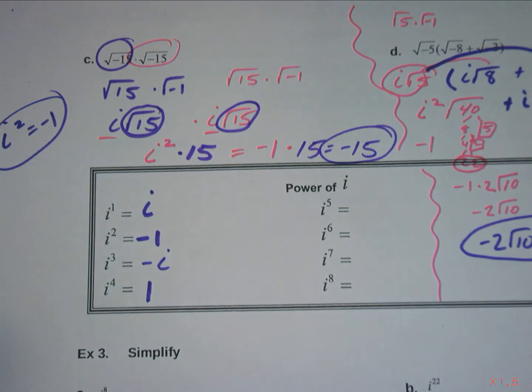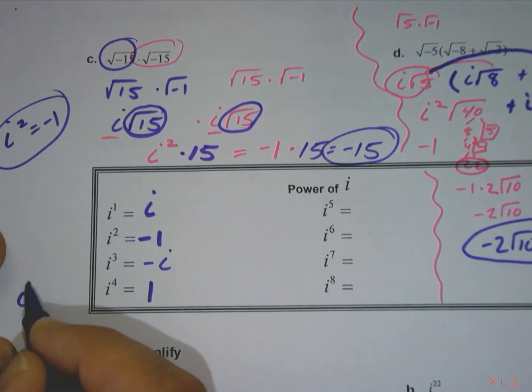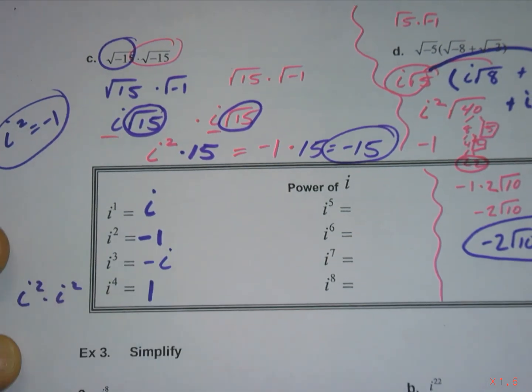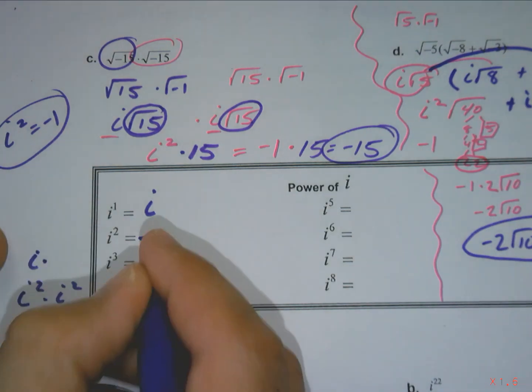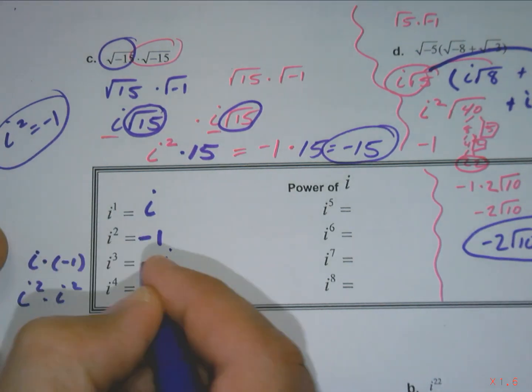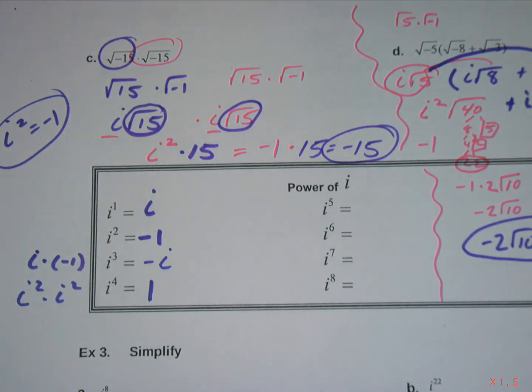Okay. So again, i to the fourth is i squared times i squared. Negative 1 times negative 1 is 1. i to the third is i times i squared, which is negative 1. And that's how I got the negative i. Well, guess what i to the fifth is?